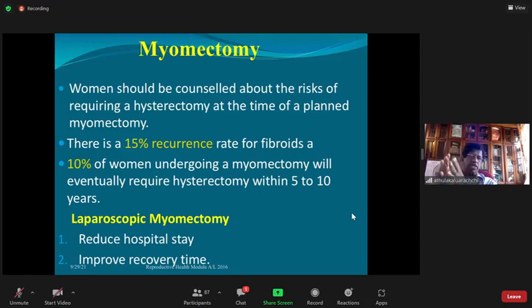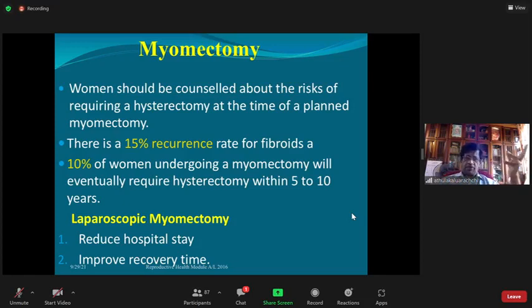But when it comes to the 40s, the latter part of the 40s, if the patient has completed the family and they are not planning for any further pregnancies, then you have to really discuss the option of removing only the fibroids and having a possible recurrence, compared to doing a hysterectomy where there is no recurrence. Okay, that's something important.